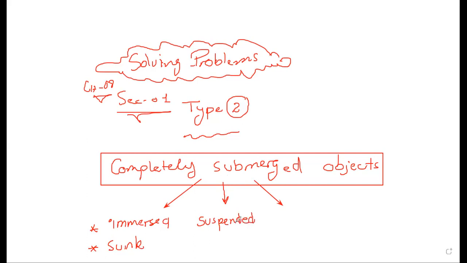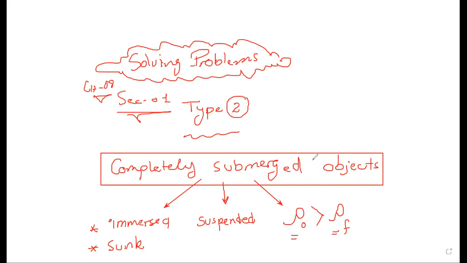Also, if the rho of the object is greater than the rho of the fluid. If you look at the problem and find that you have the density of the object and the density of the fluid, rho is the density as you remember.